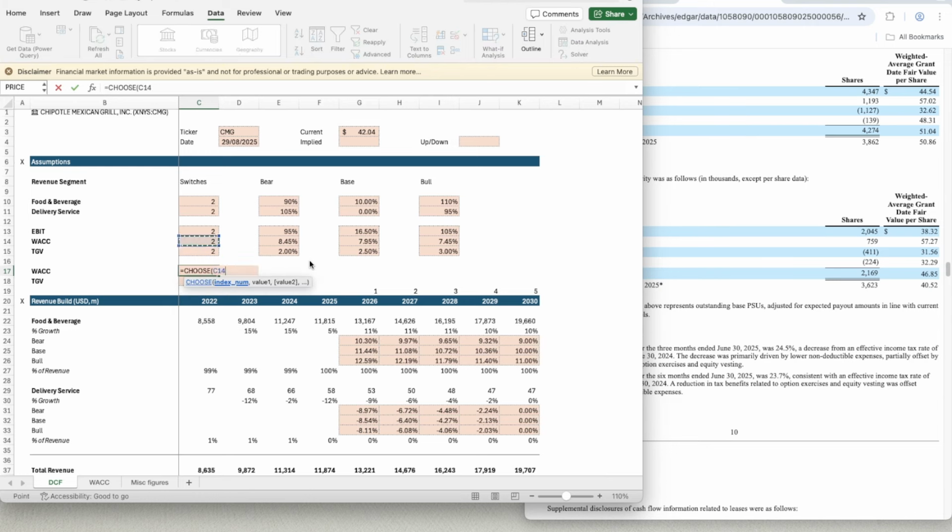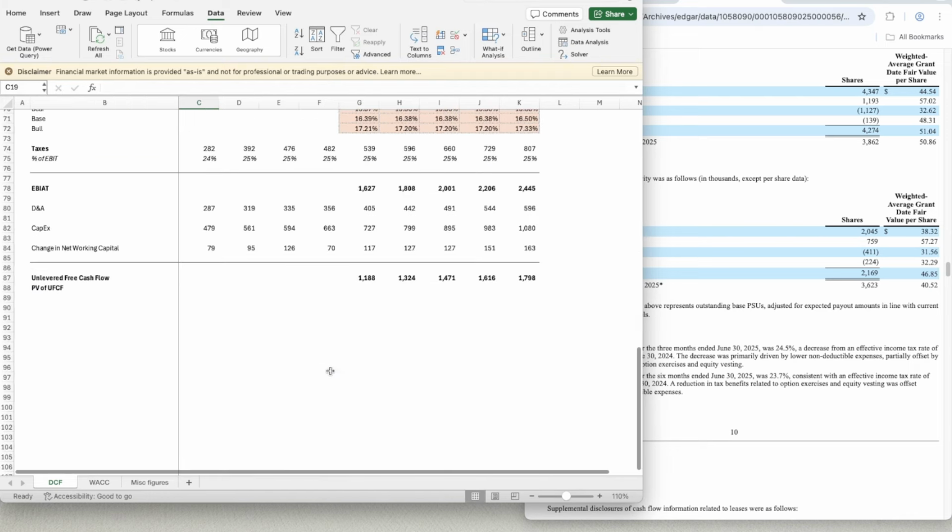Let's do it again. Oh, I know why. We need to format it so it looks like that. Perfect. This is looking good.